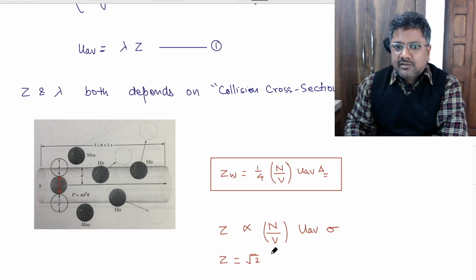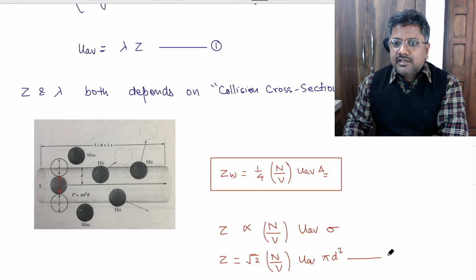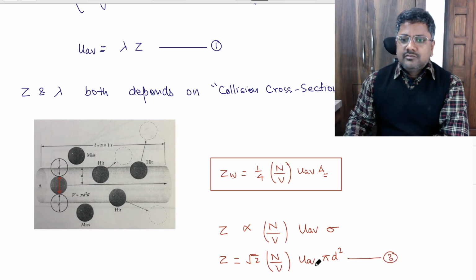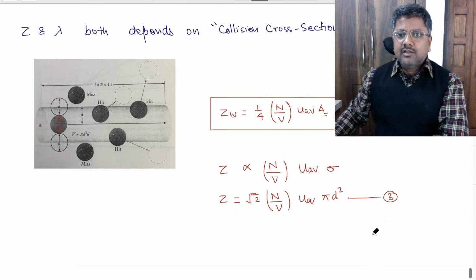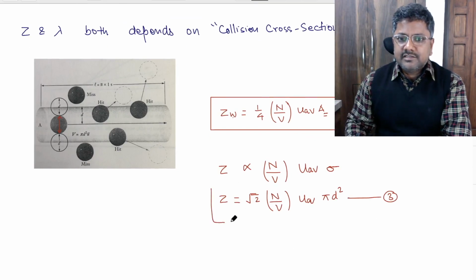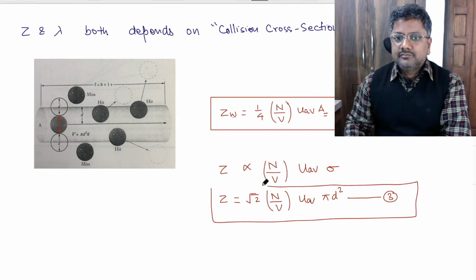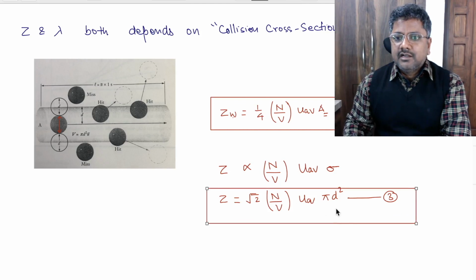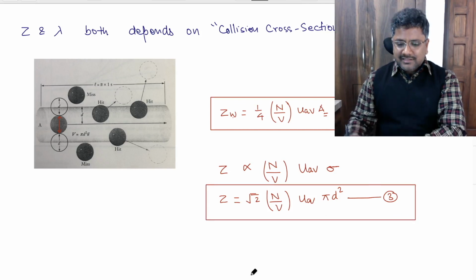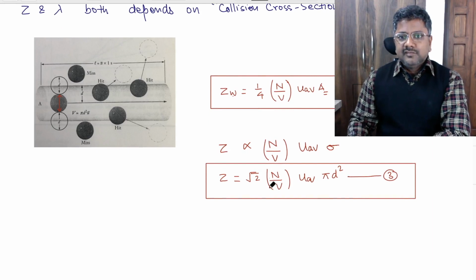So Z is equal to root 2 N by V U average, and this pi d square you can write. So this is equation 3. The molecular collision is given by this formula, equation 3.